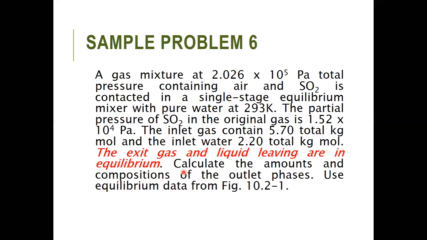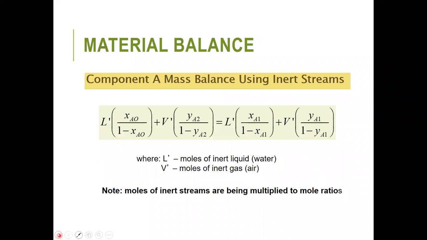We are required in this problem to calculate the amounts and composition of the outlet phases, meaning the gas and the liquid phases leaving our single equilibrium stage unit. And we are to use the equilibrium data from figure 10.2-1. I will just show it again to you.